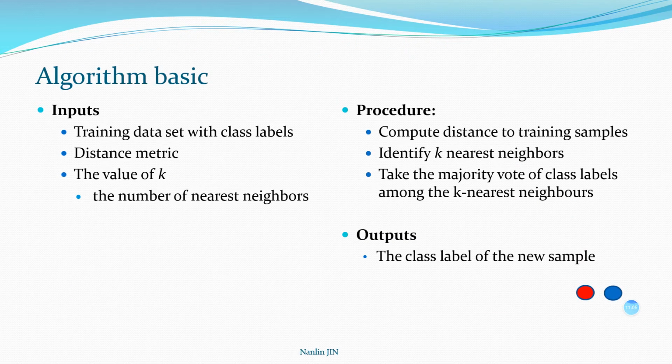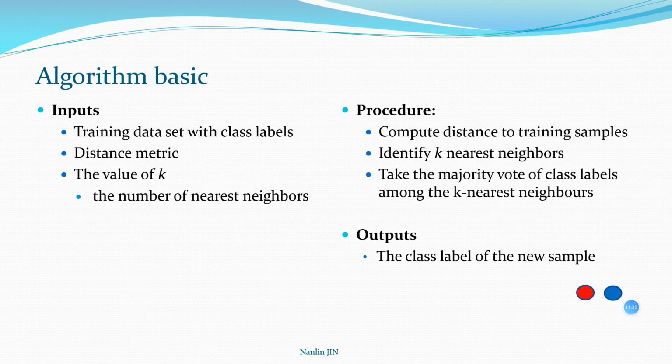Okay, in summary, this comes to a more systematic understanding of the algorithm. We have to have training data with class labels in order to classify new objects. The distance metric is key. Just by visualization, we know that if they are closer to something, they are probably in the same class.